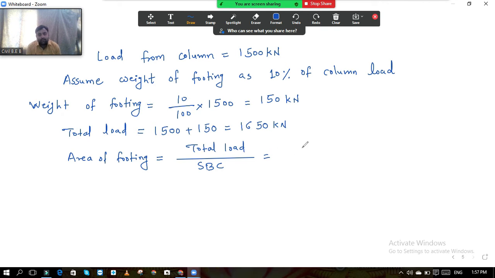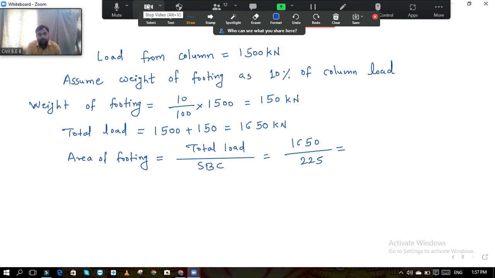So that area is, so what is the total load? 1650 divided by, what is the safe bearing capacity given? 225. Now calculate this and let me know the answer. Calculate it now.